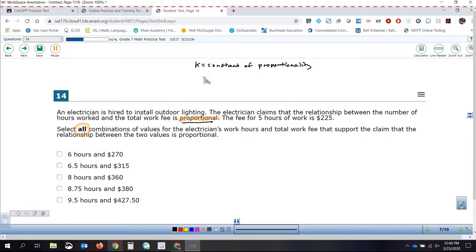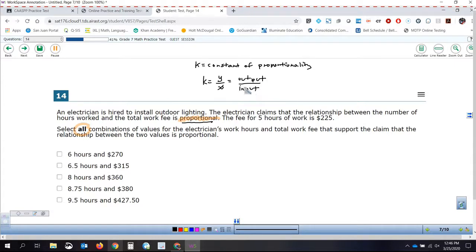And the constant of proportionality, k, is equal to y divided by x. Now, I don't see any x's or y's or k's anywhere in this problem, so we have to ask ourselves, what do y and x represent?